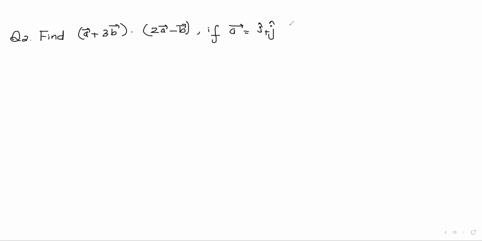Now please try this next question. Question 2. Find A plus 3B dot product 2A minus B, if vector A is equal to I cap plus J cap plus 2K cap and vector B is equal to 3I cap plus 2J cap minus K cap.